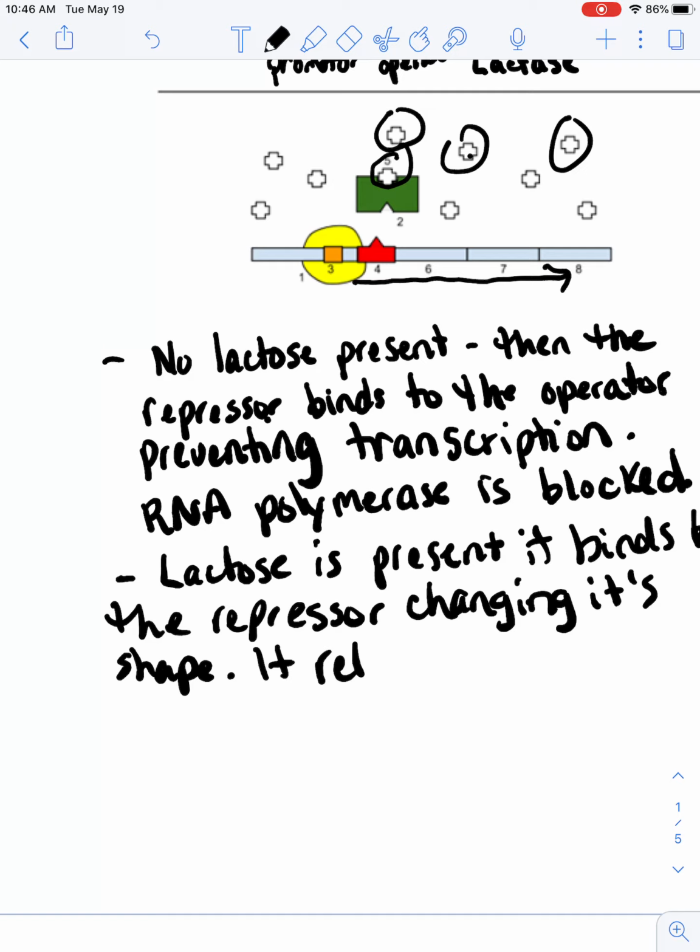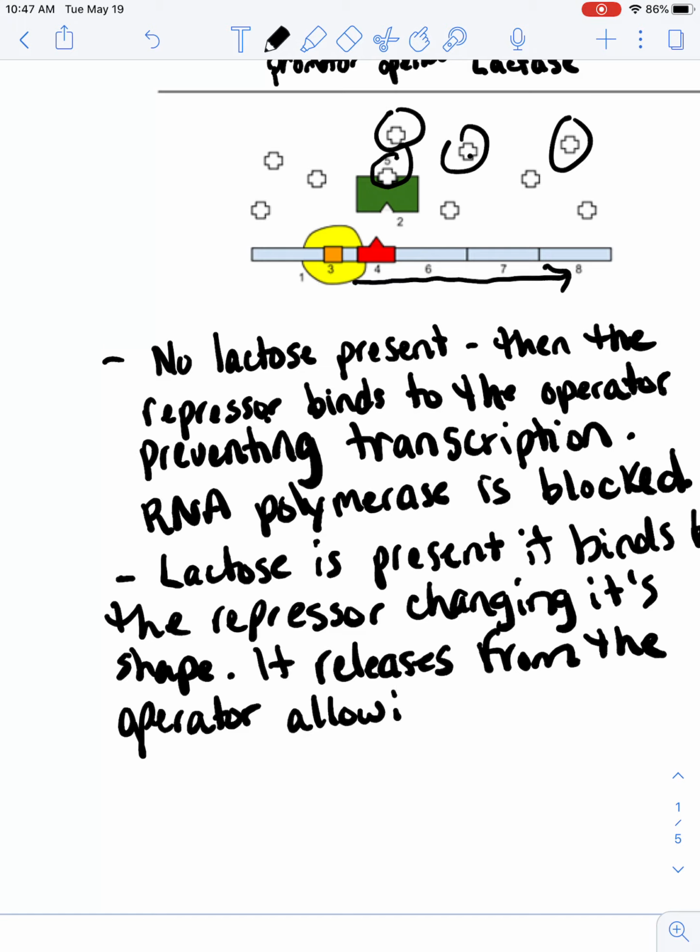It releases from the operator, allowing transcription.